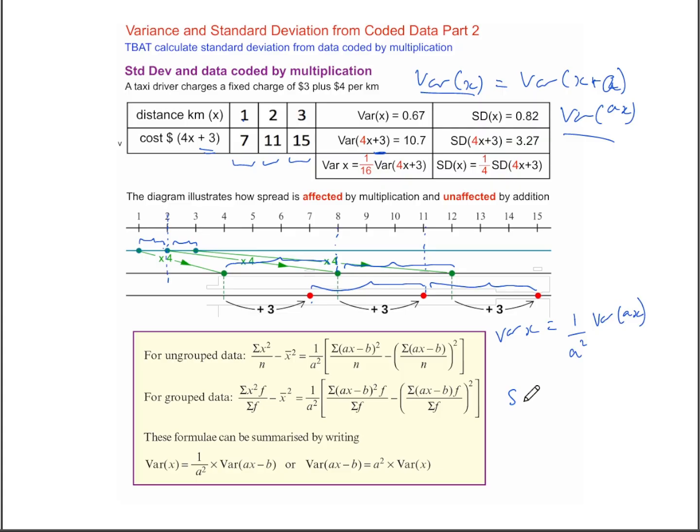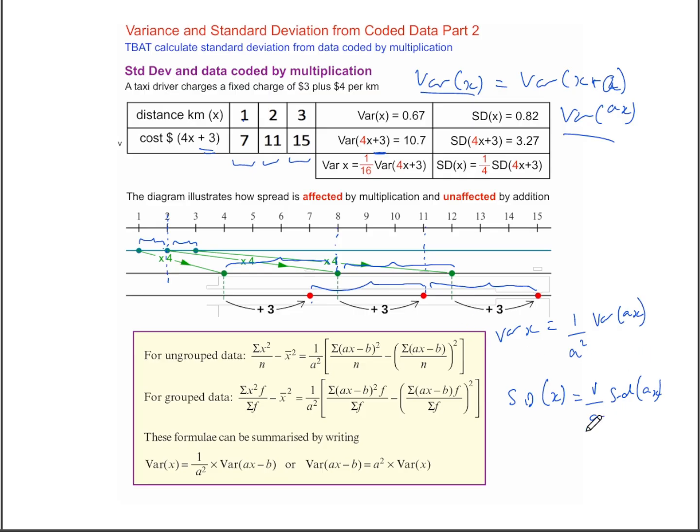And when you're looking at the standard deviation alone, the standard deviation of x is equal to just 1 over a times the standard deviation of ax. Because remember, we said the standard deviation is the actual absolute representation of the distances to the mean, while the variance is the squared distance to the mean, right?